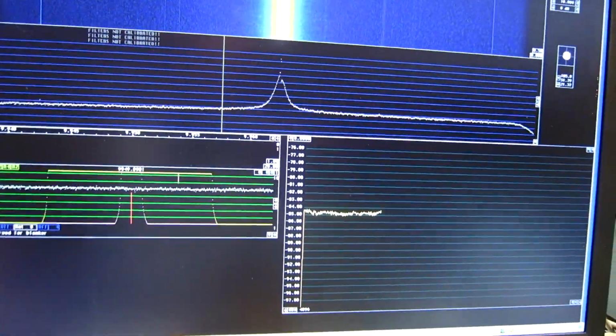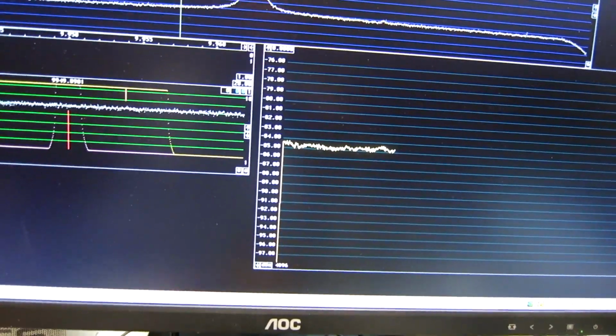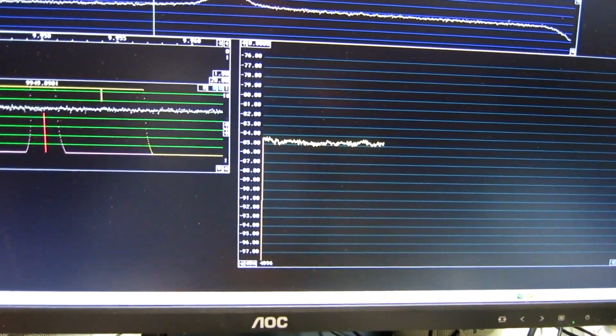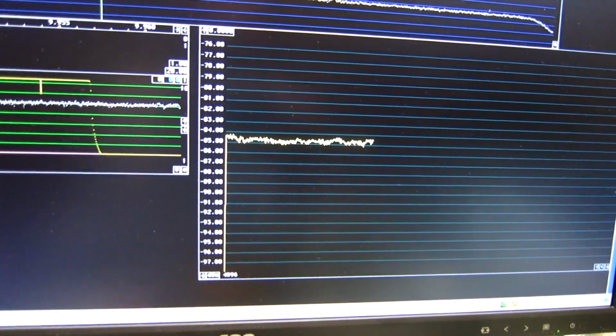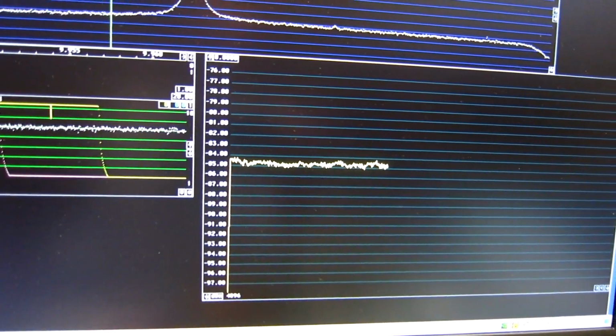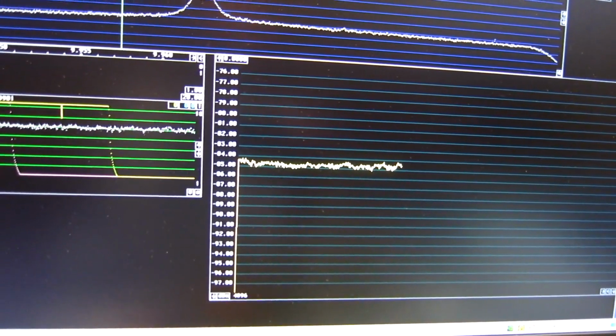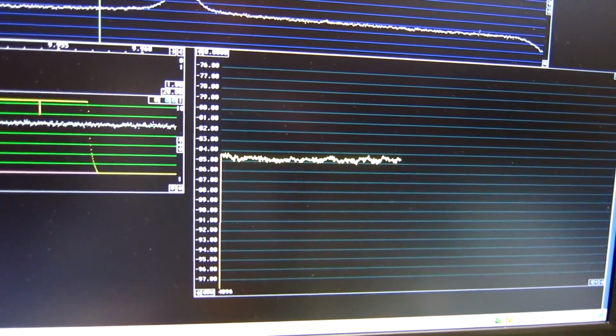I am now using Linrad instead of the Perseus software because I have much better S-meter things, the S-meter graph here. This is the noise floor 50 kilohertz away from the carrier, and the noise floor doesn't look quite right.